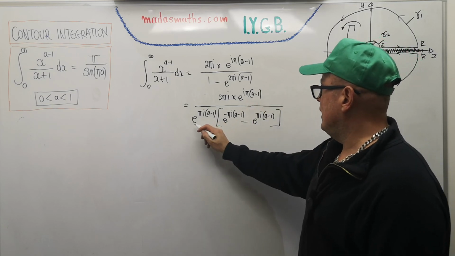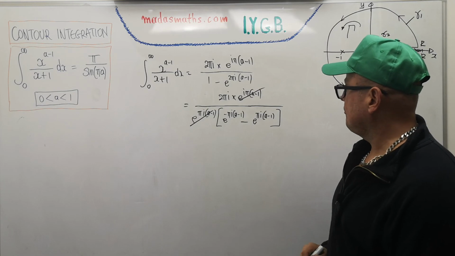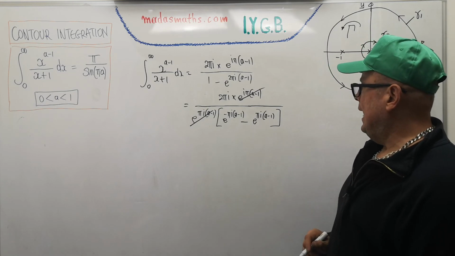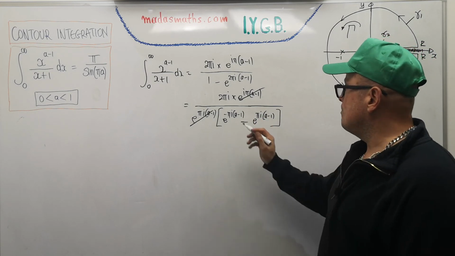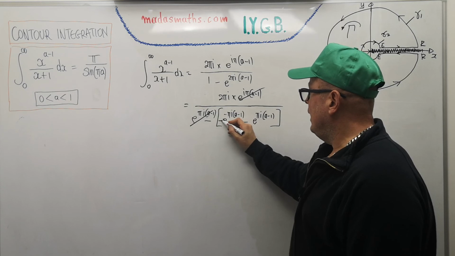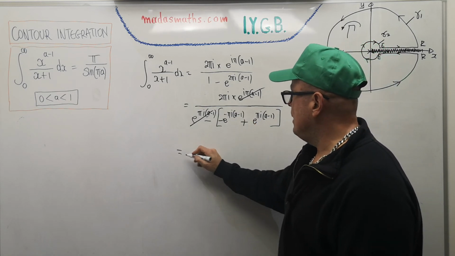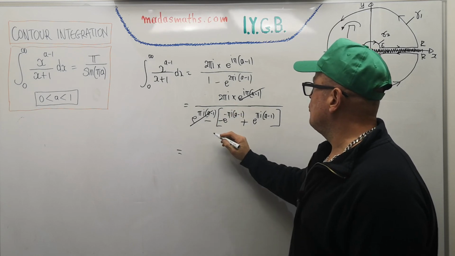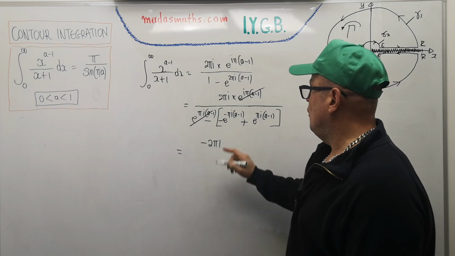Okay, this will cancel that, so that's exactly the same. And this particular one, I want to factorize a minus outside this bracket. If I factorize a minus there, it will create a minus there and a plus in there. And because I don't want to lose that minus, I'm going to put it on the top, so I'm going to have negative 2 pi i on the next line.